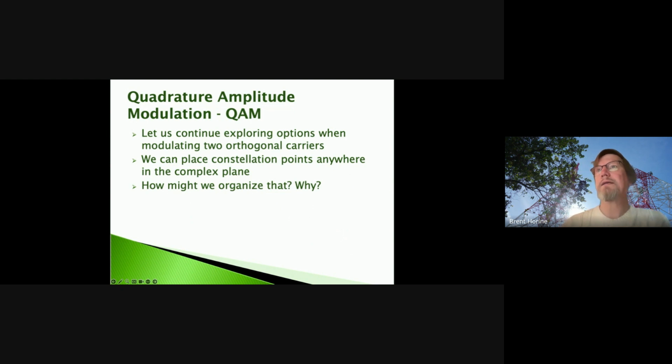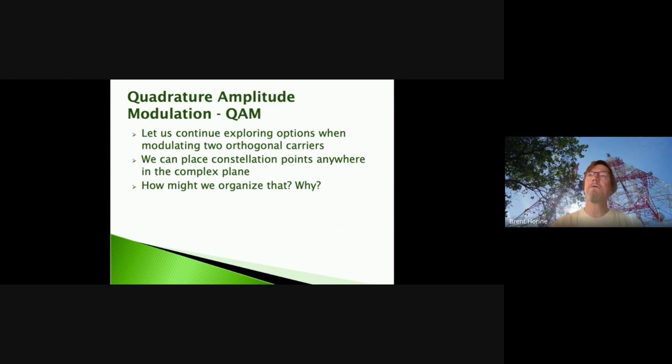So let us continue exploring options when modulating 2 orthogonal carriers. Let's take a carrier that we're going to modulate in a real sense, and another one that we're going to modulate in an imaginary sense, right? So they're going to be orthogonal to each other. Remember back several lectures ago, we talked about this a little bit with IQ type modulation.